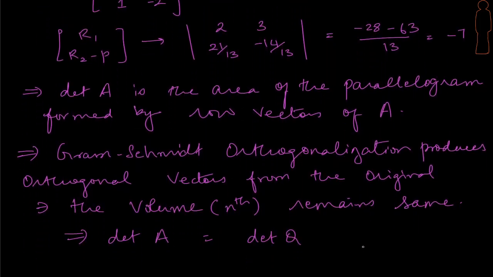And here is that other insight that I was mentioning a few seconds back. We talked about Gram-Schmidt. Gram-Schmidt orthogonalization is producing orthogonal vectors, that we know, but the interesting fact is that the volume or the area or whatever we say is going to be the same. How do we know that's the same?